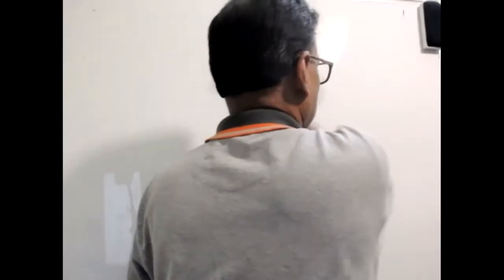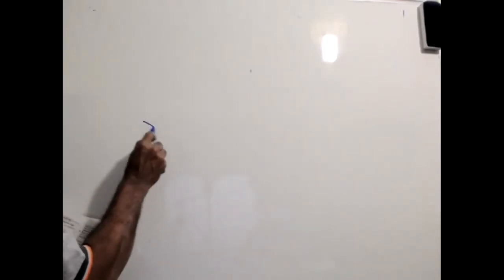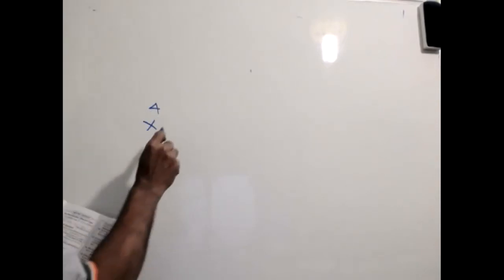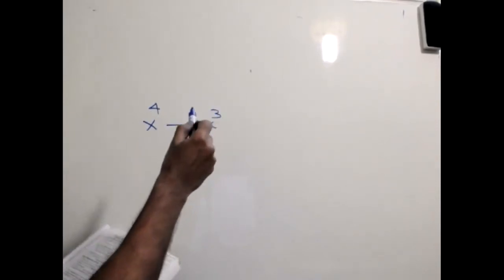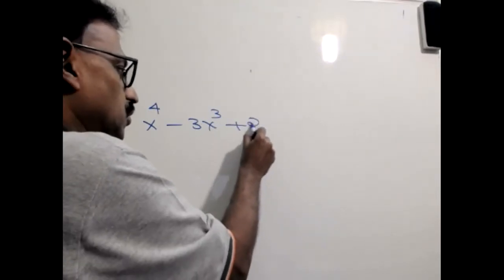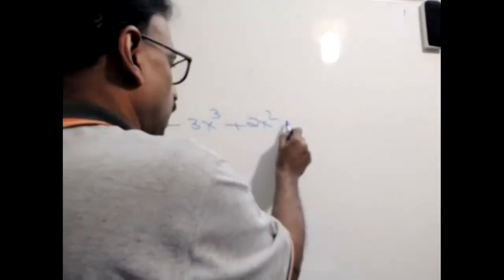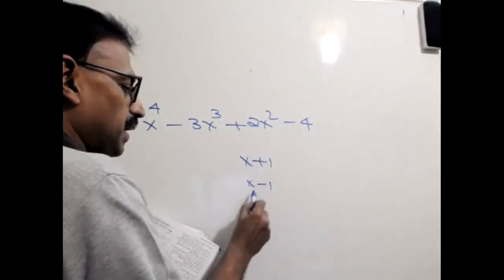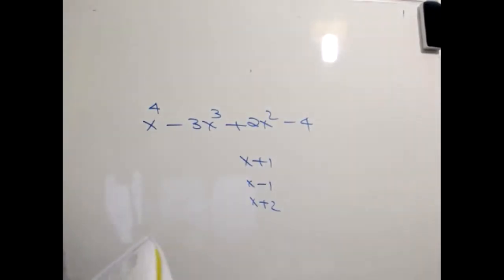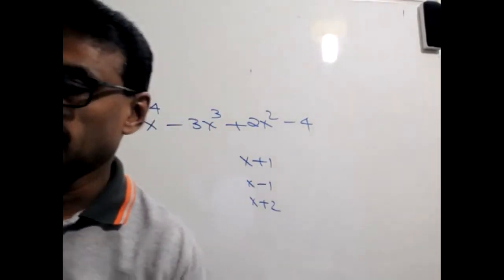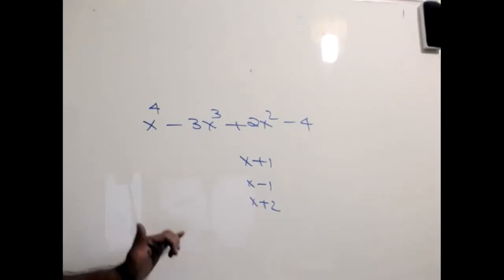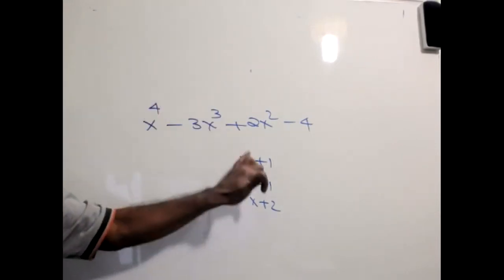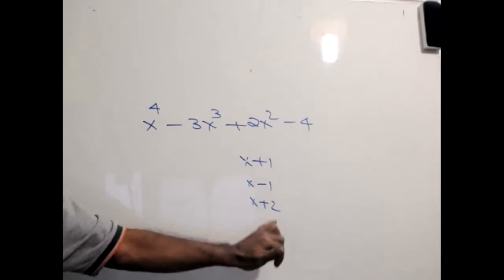Find the remainder when x raised to 4 minus 3x cube plus 2x square minus 4 is divided by x plus 1, x minus 1, and x plus 2. Okay, try this.